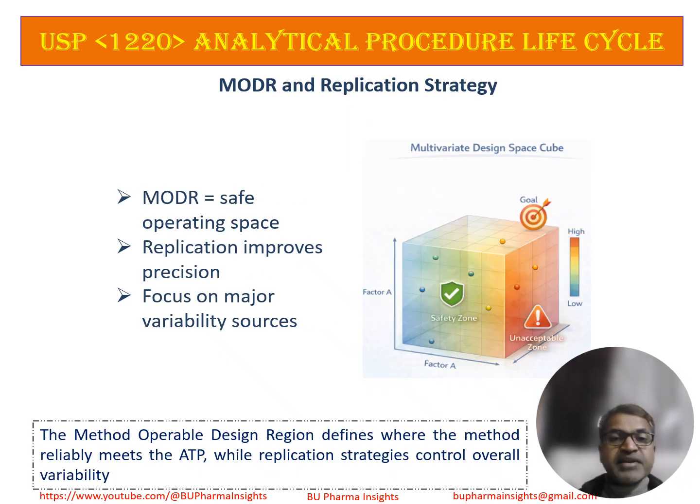MODR and replication strategy. MODR defines a safe operating space. Replication improves precision. Focus on major sources of variability. The MODR shows where the method reliably meets the ATP, while smart replication controls overall variability.